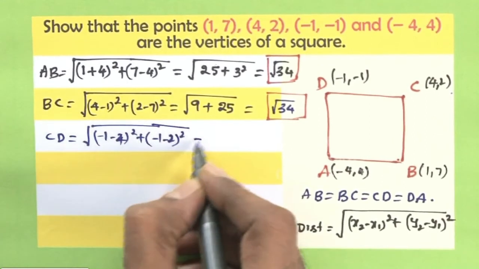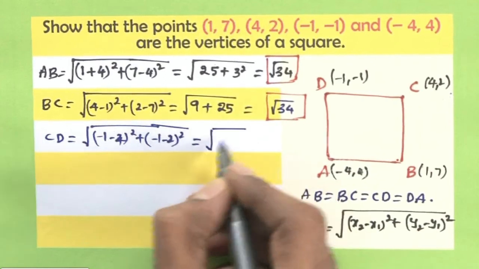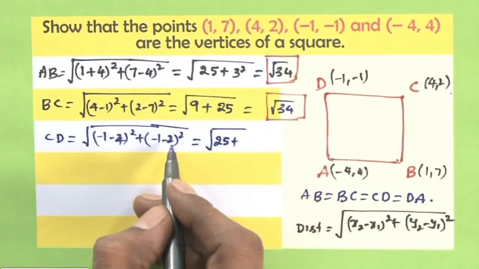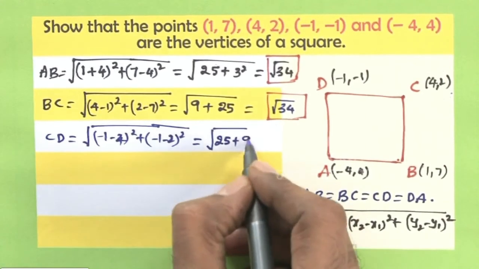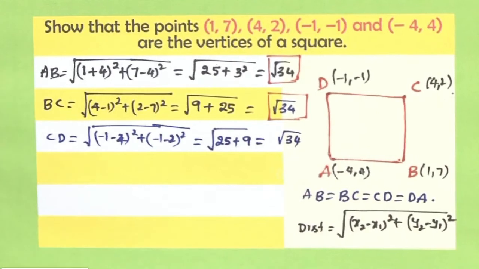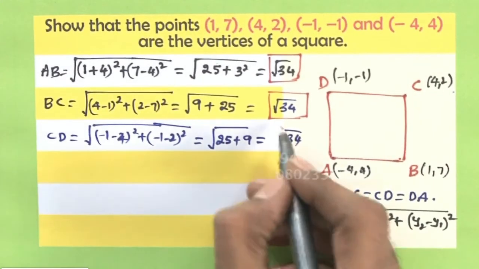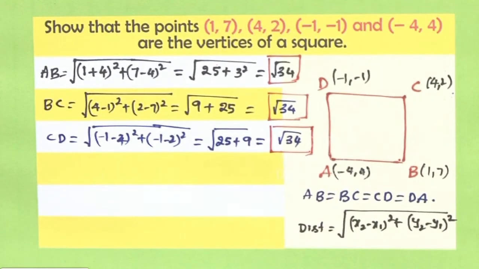So what is minus 1 minus 4? It is minus 5. What is minus 5 whole square? That is 25. What is minus 1 minus 2? Minus 3. What is minus 3 whole square? Plus 9. What is that equal to? That is equal to root 34. So this is root of 34. We got AB, we got BC, we got CD.